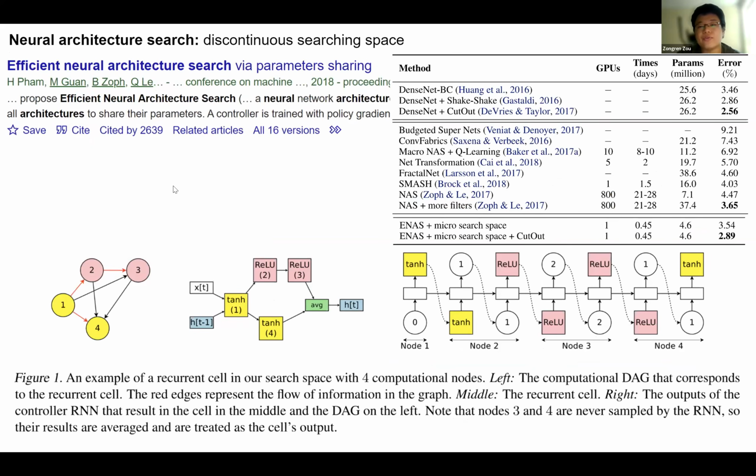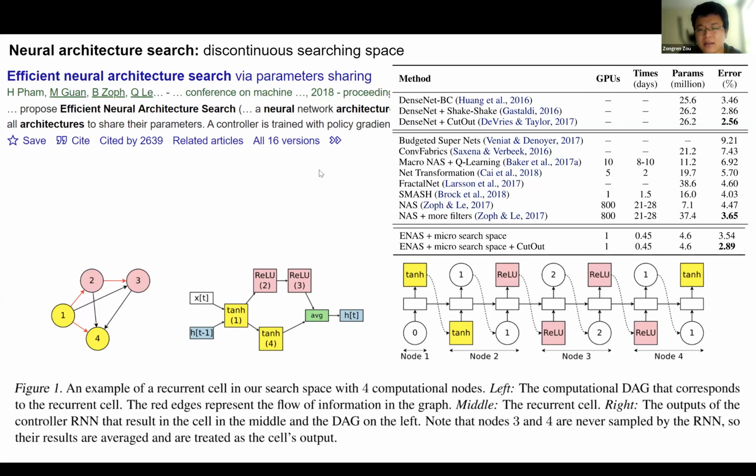So to resolve the computation issue from the original neural architecture search with reinforcement learning, this paper proposes a new, similar method, but now the parameters are shared. The table compares the computation time, and using this efficient NAS method, the computation time is decreased significantly.